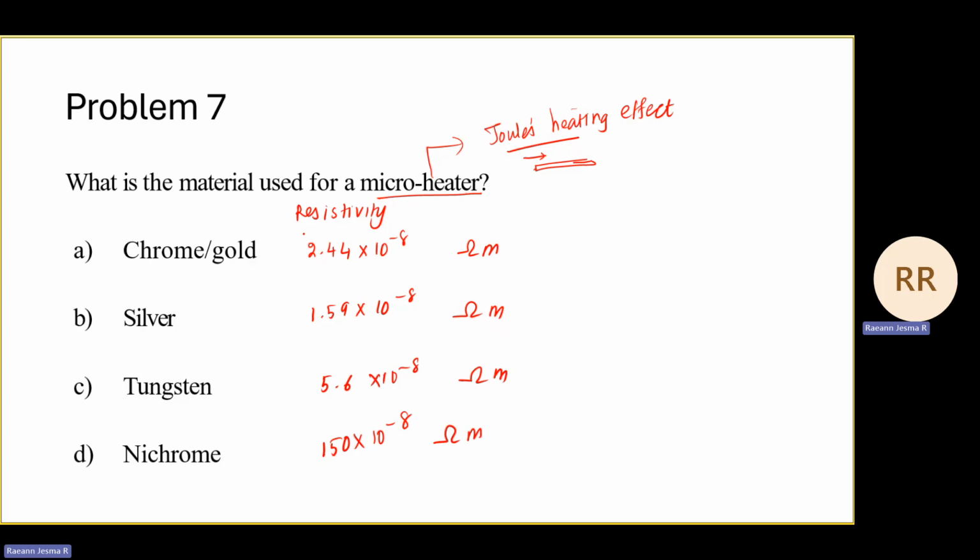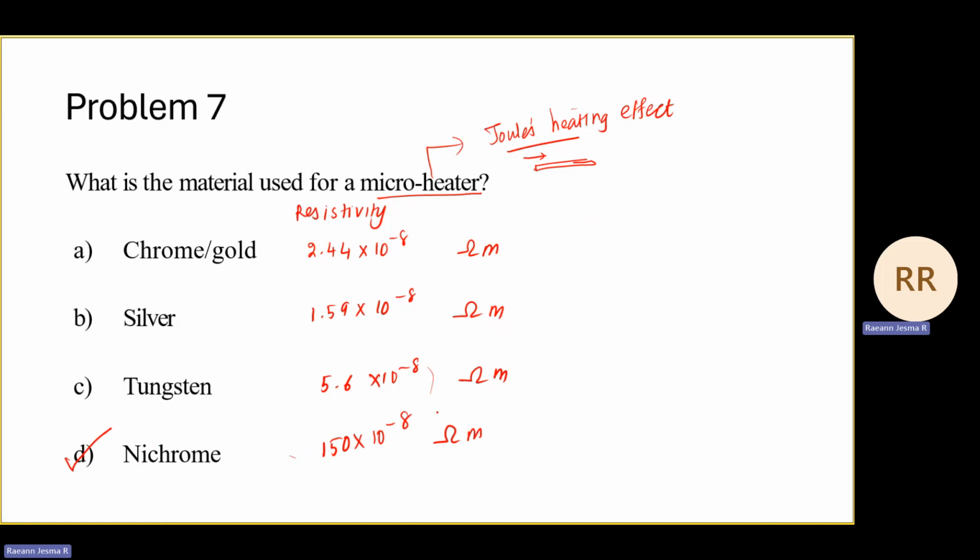Here you can see the resistivity of various materials. Since we want to pass current through a wire, the resistance of the wire will determine how much heat is generated. So we need a material which has the highest resistivity. Nichrome has the highest resistivity among all the materials, so nichrome is a very good choice for a micro heater.